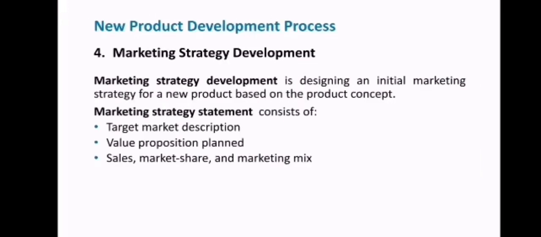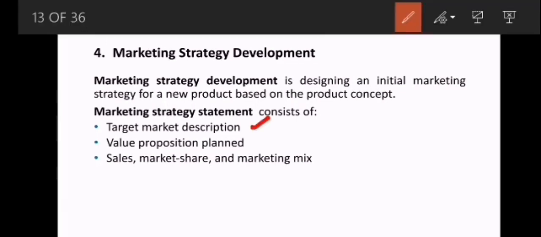The fourth stage in the new product development process is marketing strategy development. The marketing strategy statement consists of three parts. The first part describes the target market, the planned value proposition, and the sales, market share, and profit goals for the first few years.